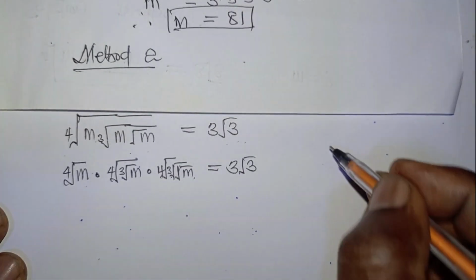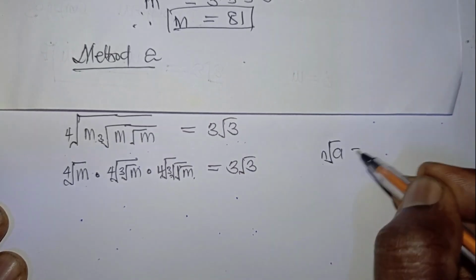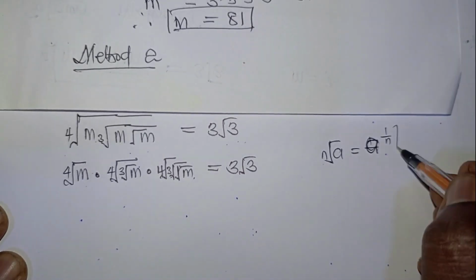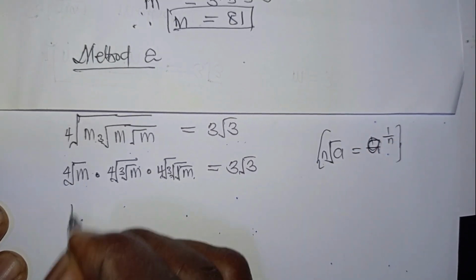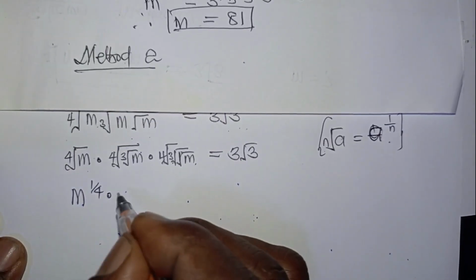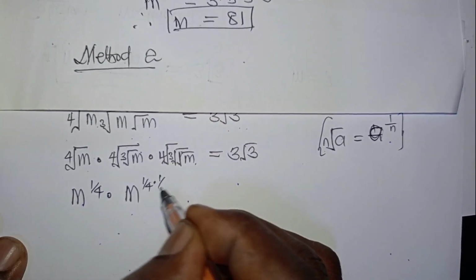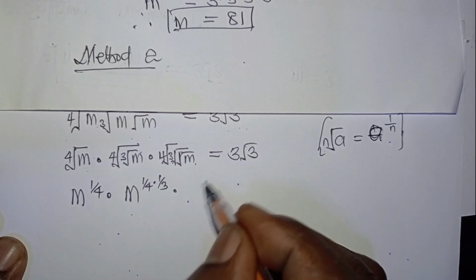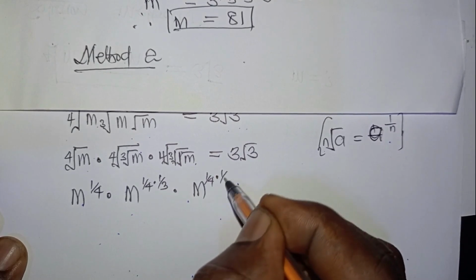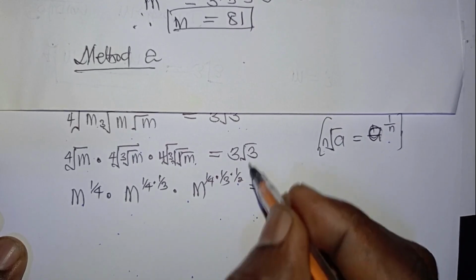Now let's see, if you have the nth root of a, it gives us a raised to the power 1 over n. Applying this, we have m to the power 1 over 4 multiplied by m to the power, the first root is 1 over 4, the second root is 1 over 3, and the third is a half, and that equals 3 root 3.